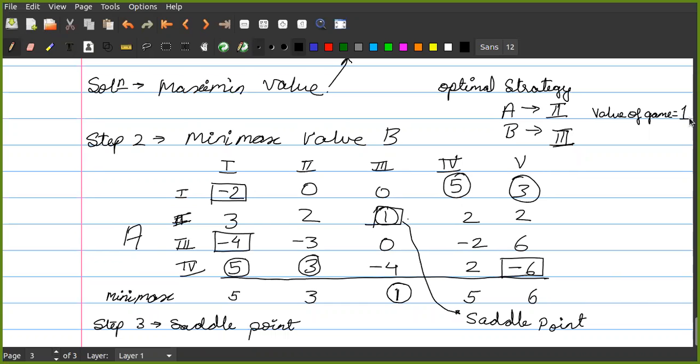Correct? Yes, understood sir. Any doubts? Anyone having any doubts? Srikanth, 304.